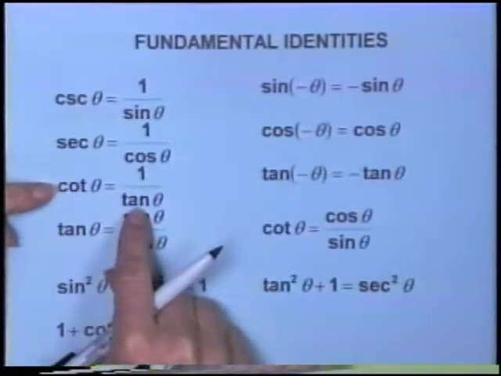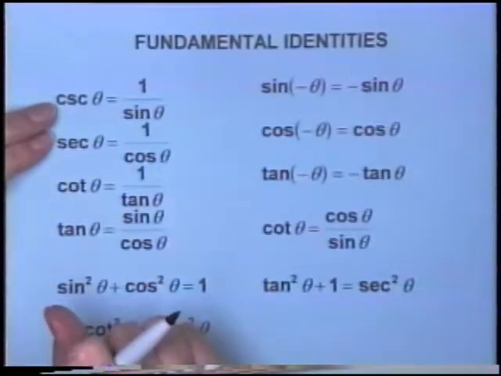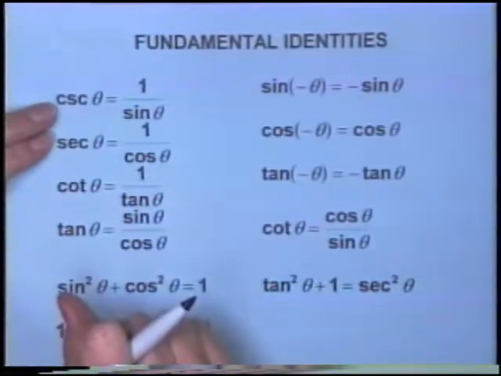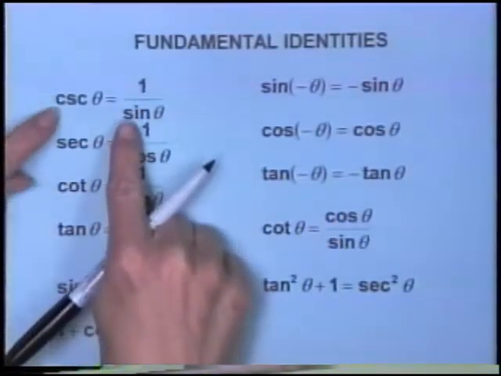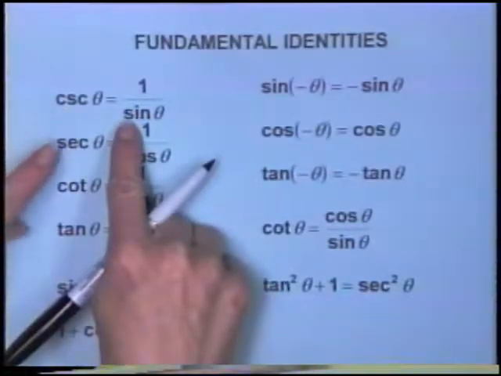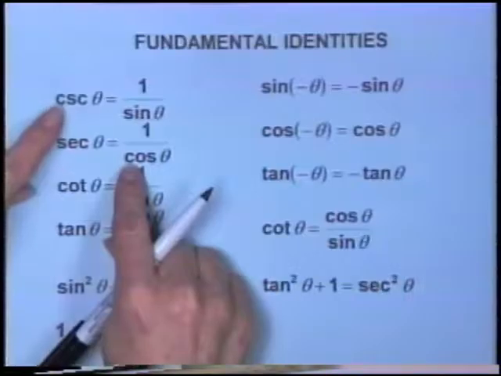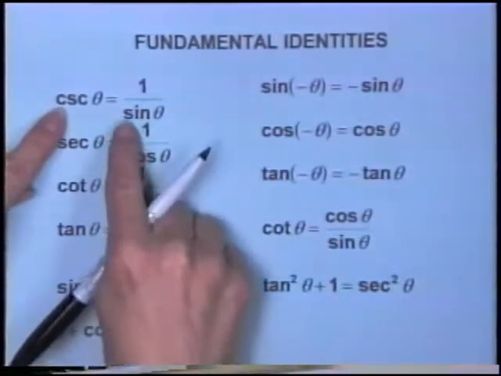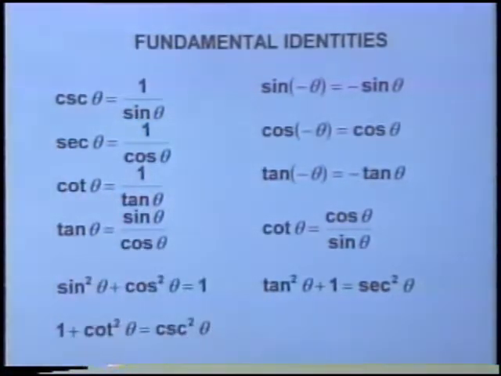Most people remember this third one really easily, but I always have students that confuse these two. So you want to be sure and work on these first two and make sure that you really remember which is the reciprocal of which. One thing that I do is to notice that cosecant and sine, we have the C and the S, and then on secant and cosine we have the C and the S. So if I'm looking for the reciprocal of cosecant, I know its reciprocal is going to start with an S, and that helps me to remember and distinguish between these two.